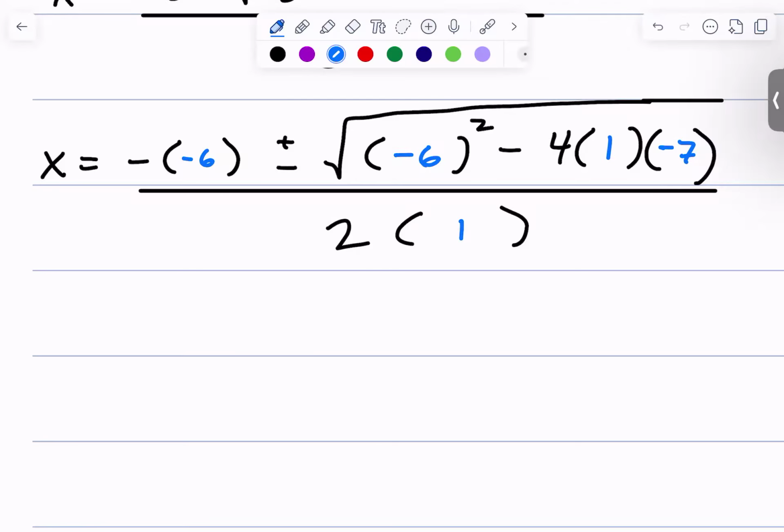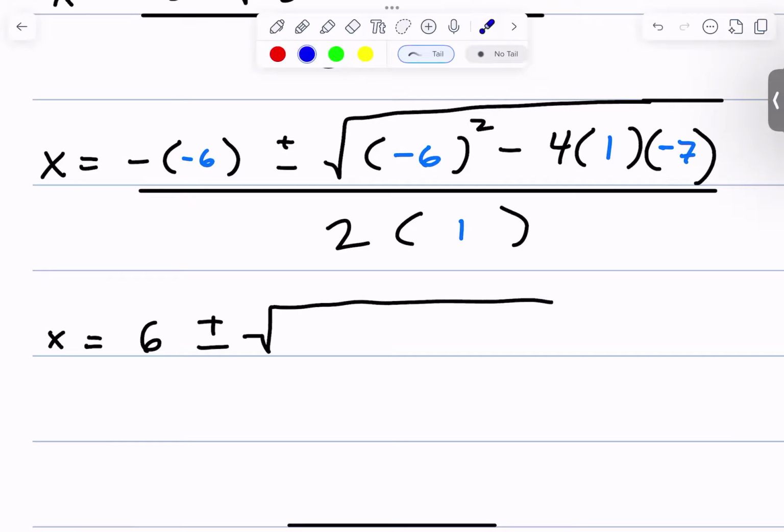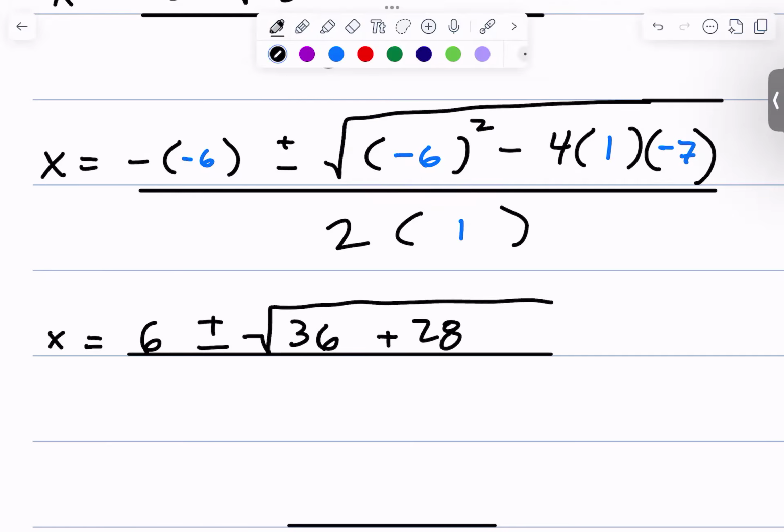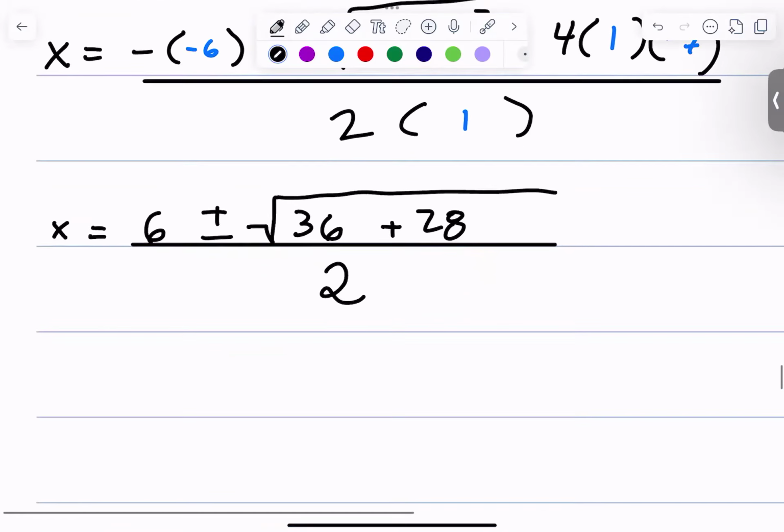So here, we're going to have x equals negative times a negative is a positive. So I have +6 plus or minus the square root. -6 squared is 36. -4 times 1 is -4 times -7 is +28, all over 2 times 1, which is 2, right?